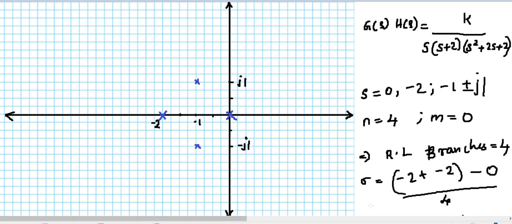We will get centroid equal to minus 1, because minus 2 there is one pole, 0 there is another pole, then another 2 poles are complex conjugate pairs at minus 1 plus or minus j1. So when you find the sum of all these, we will get minus 4, and there are no open loop zeros, hence this term is 0, divided by n minus m, that is equal to 4.